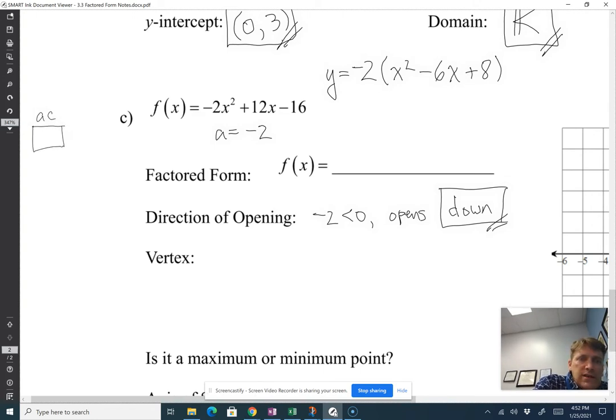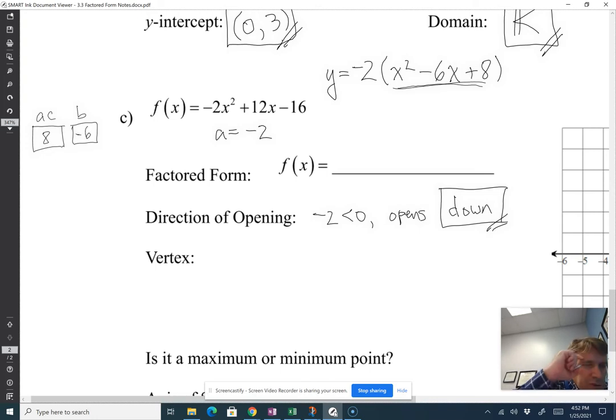My AC is, and this time I'm only factoring what I've got inside the parentheses. I factored out the negative 2, so now I'm just working on x squared minus 6x plus 8. So A is 1 now, and C is 8, so AC is 8. And B is negative 6.